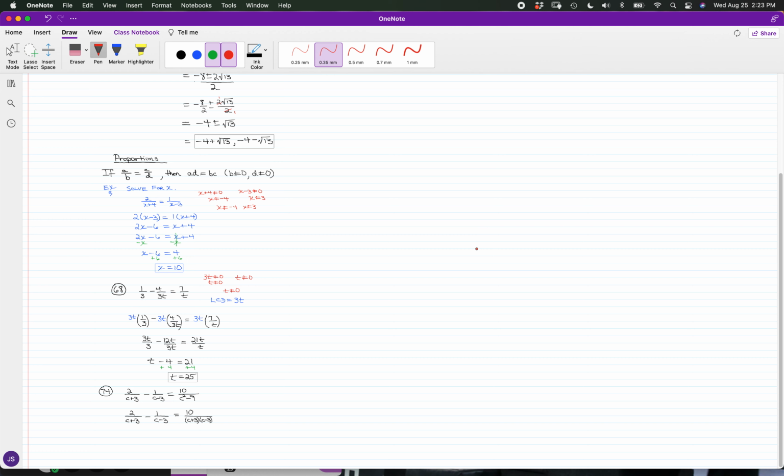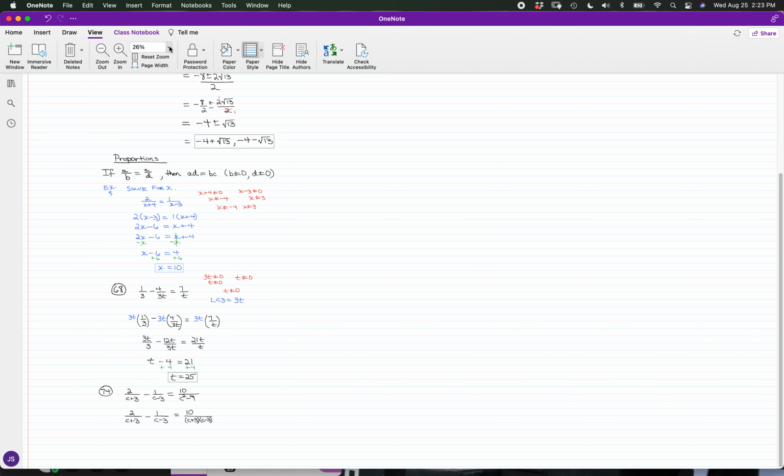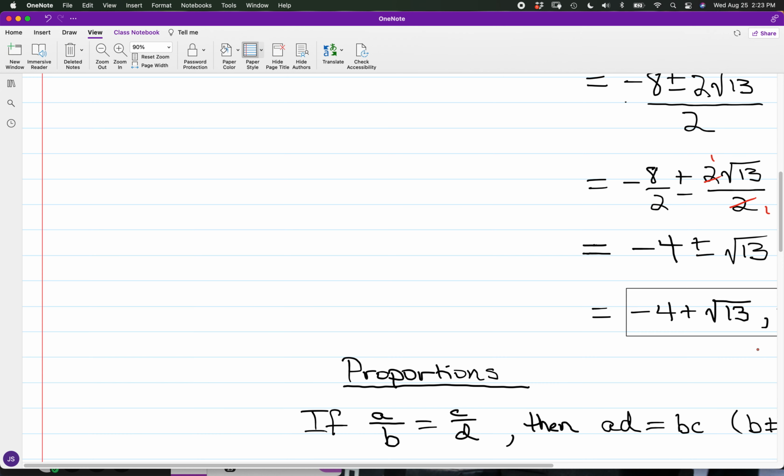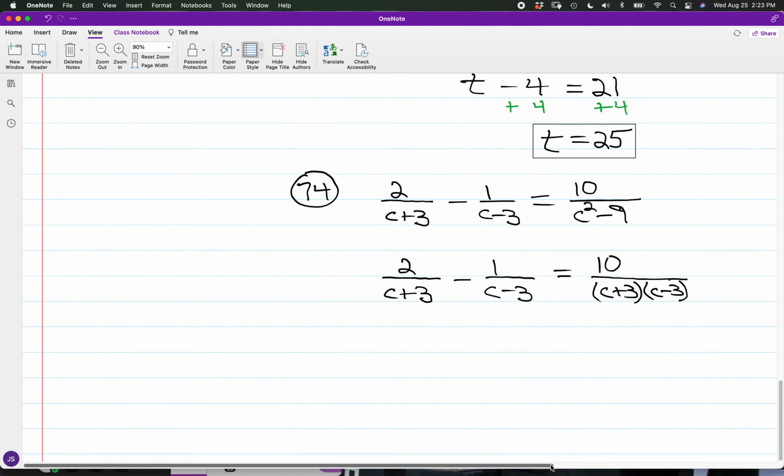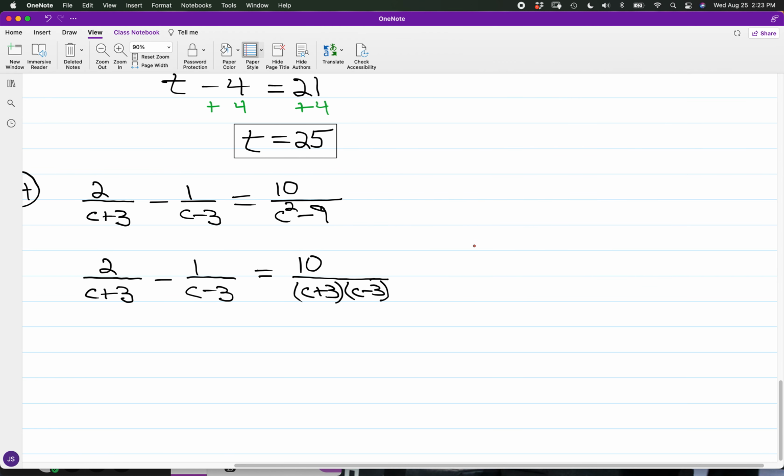Now for the restricted values, okay, so neither c plus 3 nor c minus 3 can be 0.